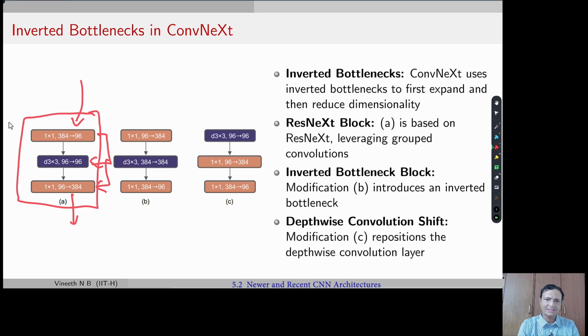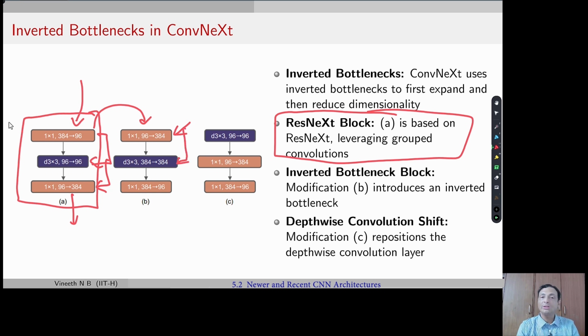So in ConvNeXt, they use the same broad idea, leveraging grouped convolutions. However, they now invert the bottleneck by starting with an upsampling layer, and the convolution is done now on the upsampled layer, and finally there's downsampling done to bring it back to the dimension that it was started with. This is not the only change.